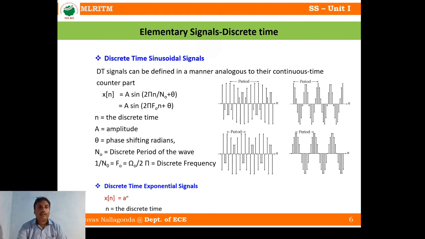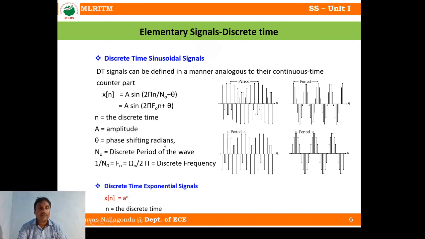Now let us see discrete time sinusoidal signals. We already discussed the continuous time case. The mathematical expression for the sinusoidal signal is A sin(2 pi n by N naught plus theta), where n is discrete time, an integer, and N naught indicates the period of the sequence, the discrete period of the wave.